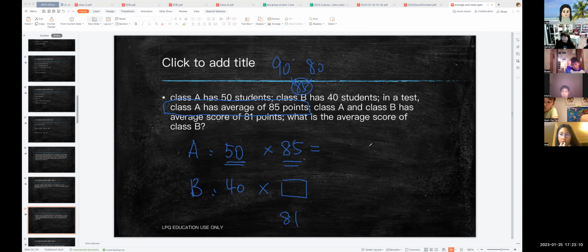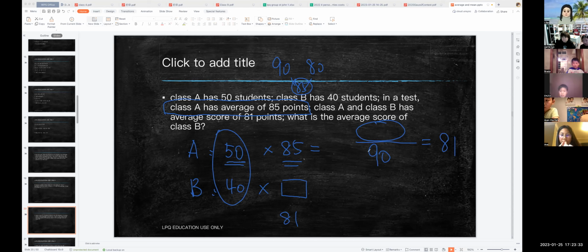That means we are putting these 90 students' scores together, plus them all together, and divide it by 90, and we get 81. So that is the meaning of class A and B has average score of 81. Understand, Enzo? Understand, Evan? Understand, Brandy?